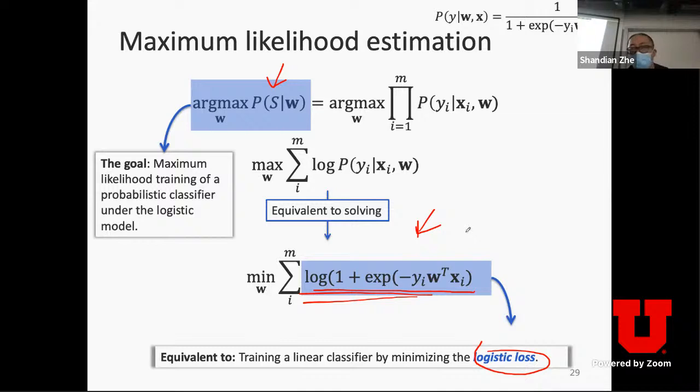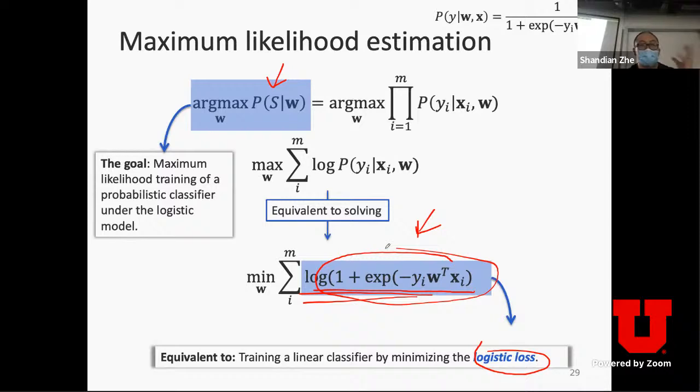Of course, you have other ways like hinge loss or 0-1 loss. But here we choose another definition, which is called logistic loss. Later we'll compare those different losses. We actually have a loss zoo, and if you place them together, you'll find some interesting things. Any question?